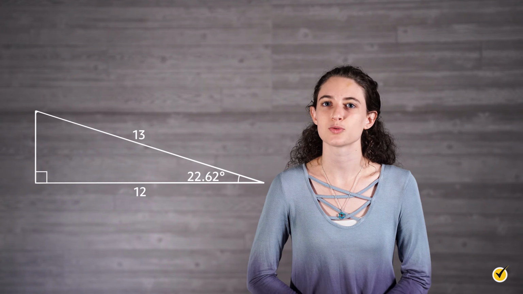Okay, so we type in 12 over 13 and then second and then cos, and our calculator displays 22.619, or approximately 22.62 degrees. We found our answer. That answer makes sense when looking at our triangle. It's important to remember that you should only trust the proportions of the diagram if it's drawn to scale. On standardized tests, it will often be indicated if the drawing is not to scale.